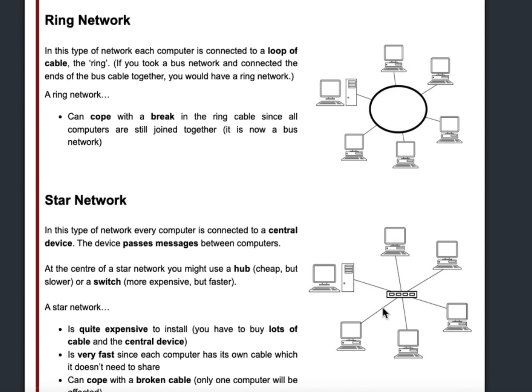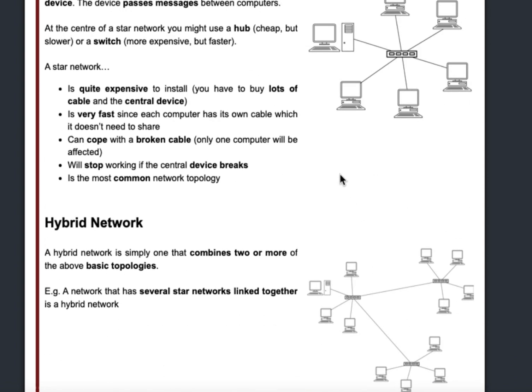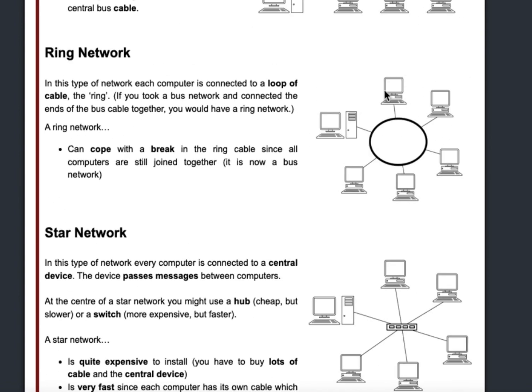Okay, so now let's take a look at the good and not so good about the star network. One of the things we say is that it's quite expensive to install. You have to buy a lot of cables and the central device. You know, for the first two we did not buy any central device.